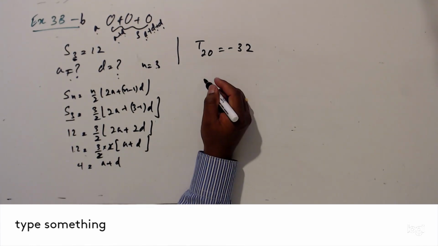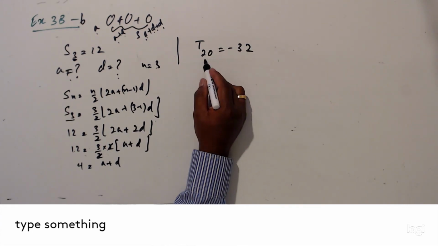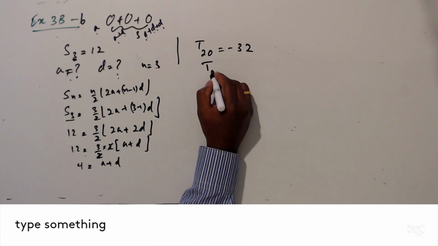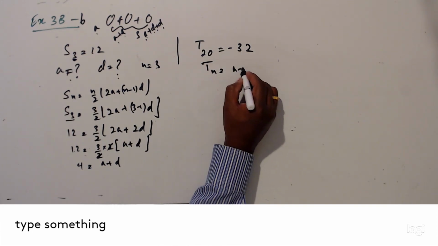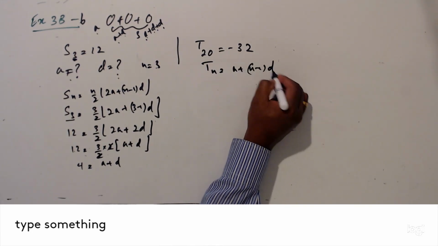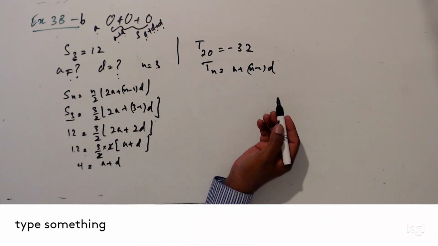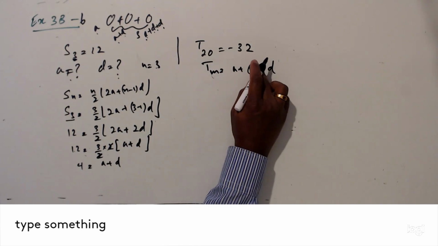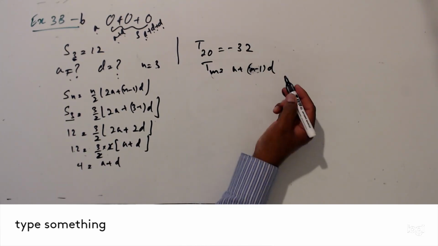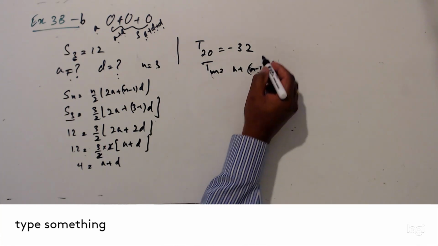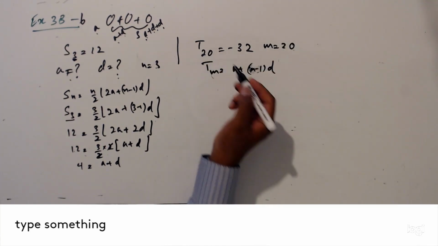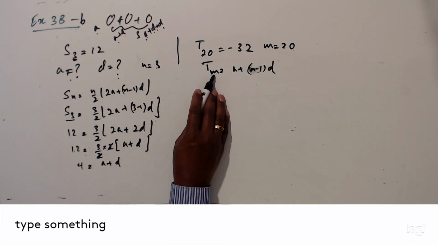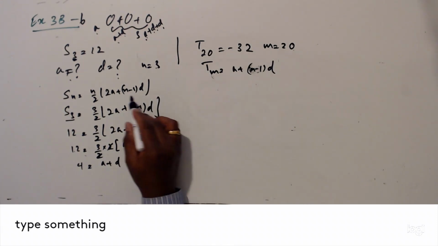Then this is the other one, T20, the 20th term. We know the standard equation for a term, Tn equal a plus n minus 1 times d. Actually I put m instead of n, because this is n. What is the m value here? m equal 20.